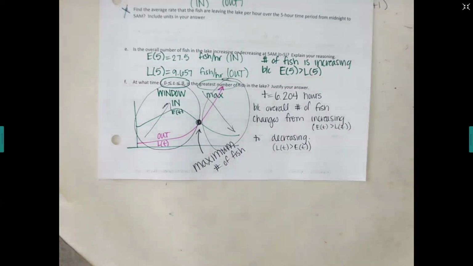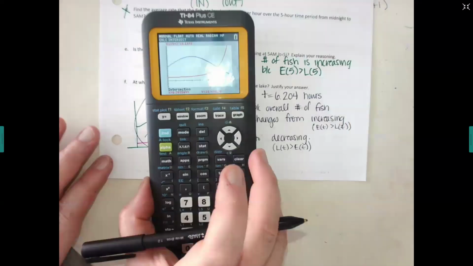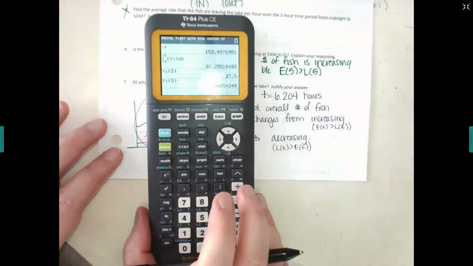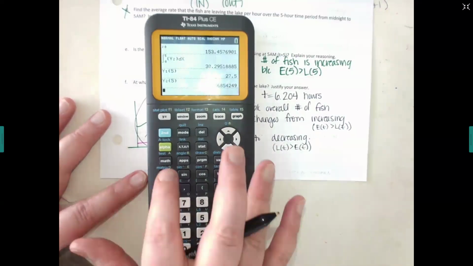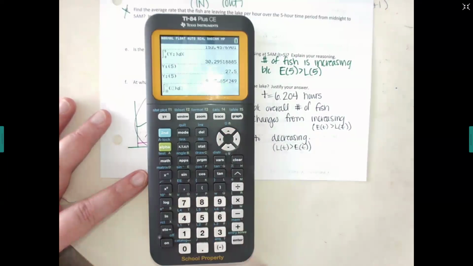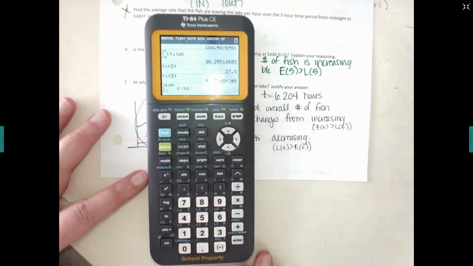Now, this is when you have the lowest number of fish. Let's say that you want to know exactly how many fish there are in the lake. Then you would take your calculator, second quit, and rather than doing the integrals separately, you can just integrate them together. So hit math 9. We're going to go 0 to 6.204.